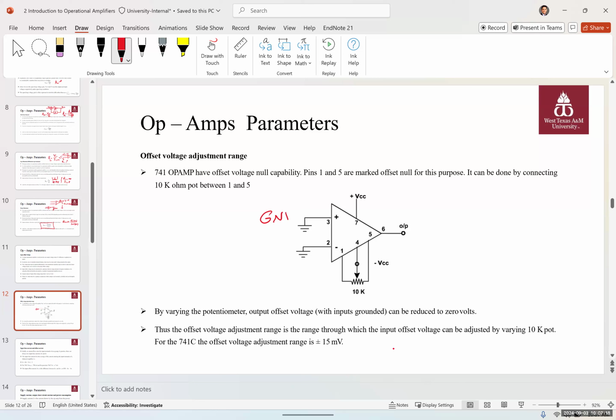So we will connect both to this ground, 0 volts, 0 volts, and V out should be 0 in this case, because V positive is equal to V negative. And by adjusting that offset null pin, we can make it 0. For a 741, the offset voltage adjustment range is between positive and negative 15 millivolts.